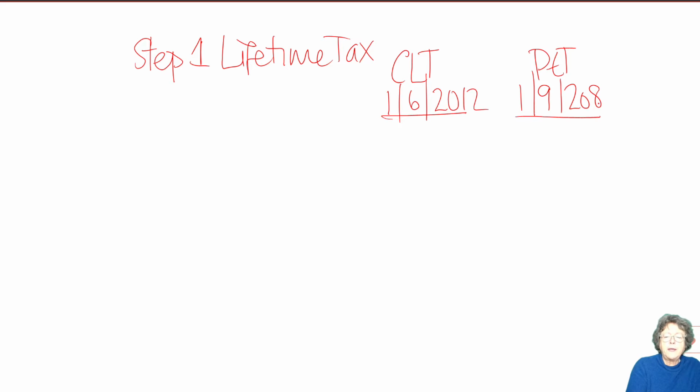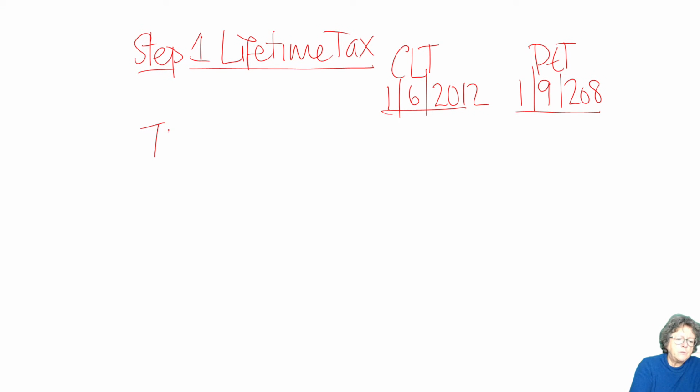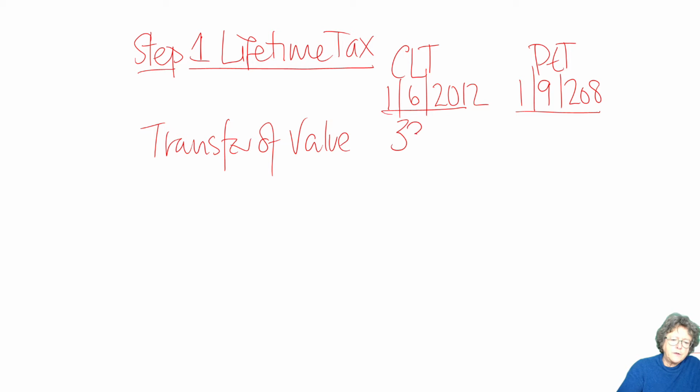Obviously, for the first PET, there is no tax. It's covered by that potential exemption. So the transfer of value: this is 336,000, and this is 296,000.